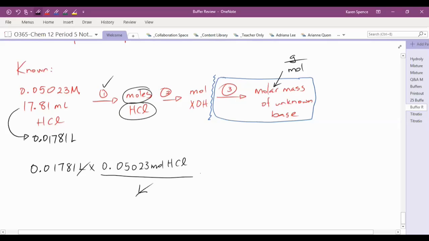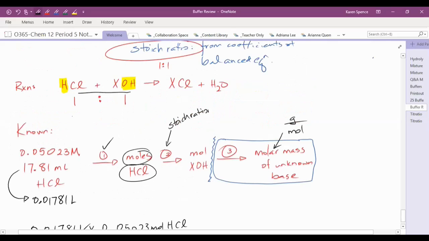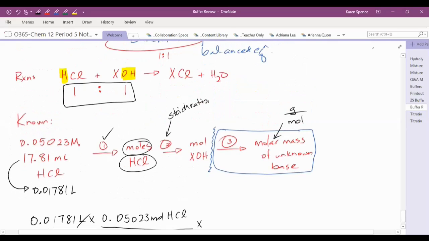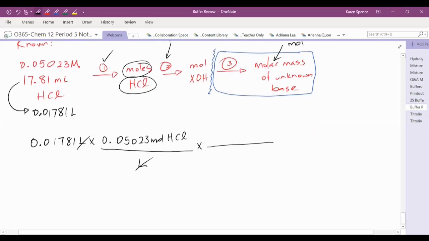Step 2, going from moles of substance A to moles of substance B, that's always going to use the stoich ratio. And we figured out that that was a 1:1 ratio. So we want to cancel our moles of HCl and find the moles of XOH.